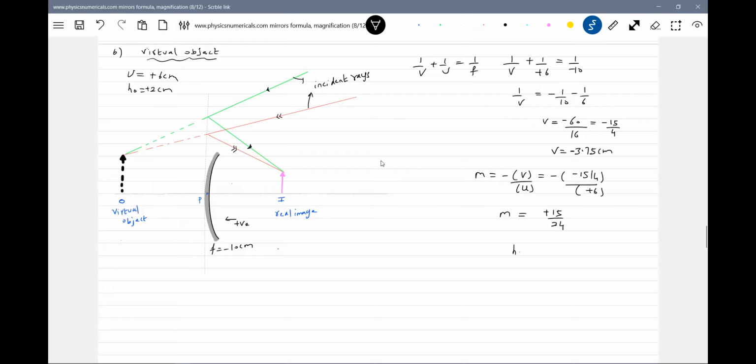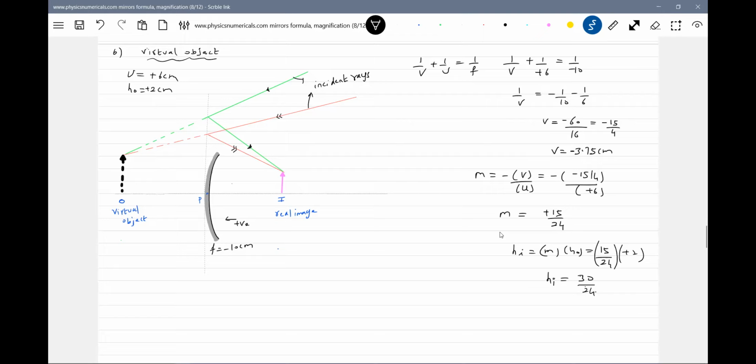Positive, I got it. So height of the image. Oh, sorry, this will be 30 by 24, no?